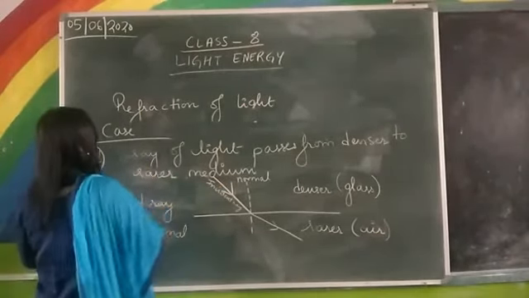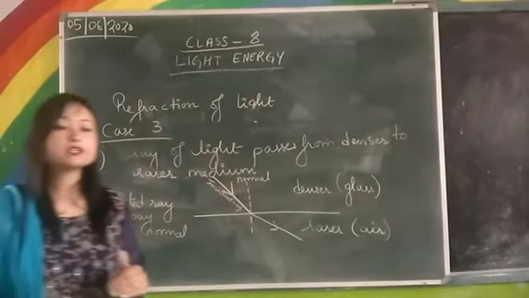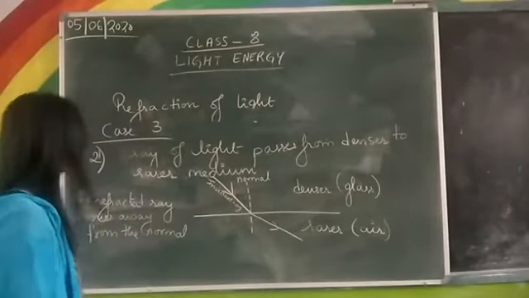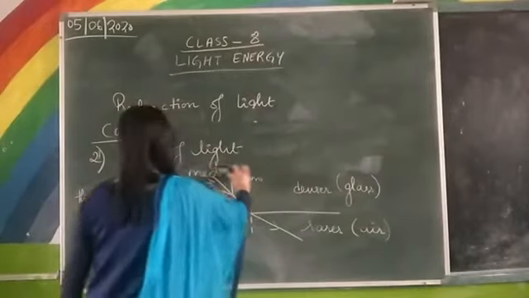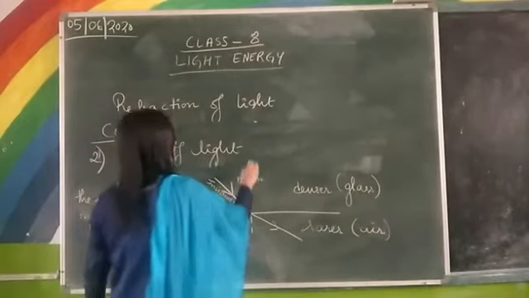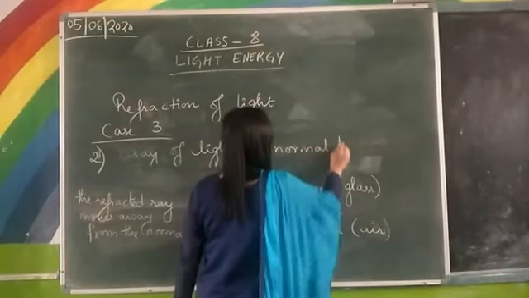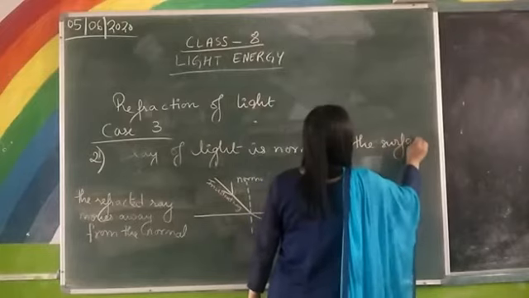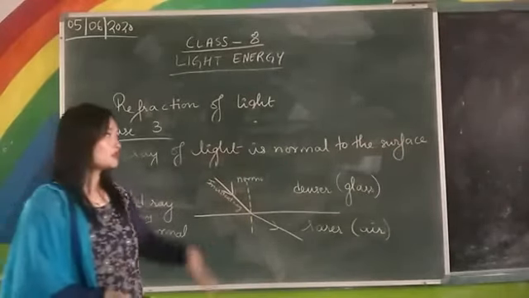Now your third case. What happens if a ray of light is perpendicular to the surface? A ray of light is normal to the surface. Normal. What happens when a ray of light is normal to the surface?